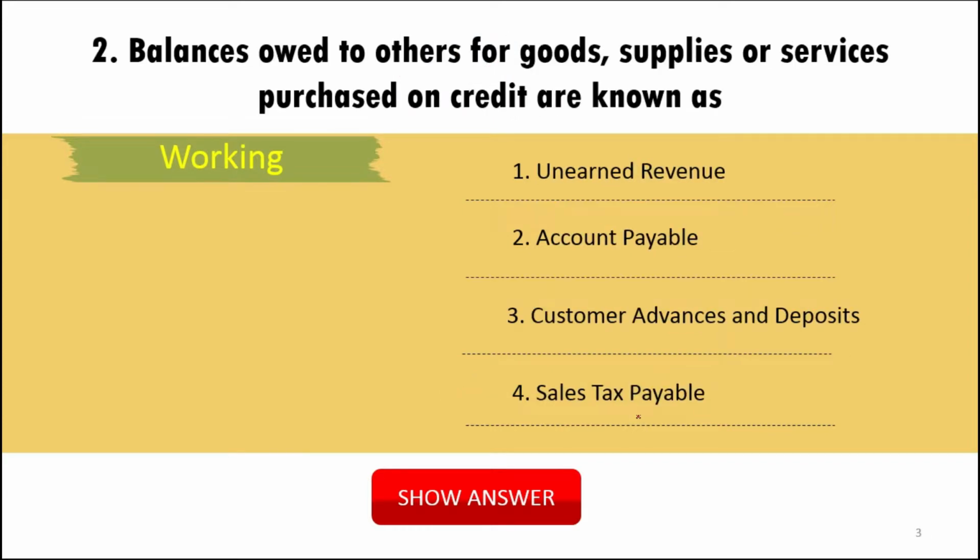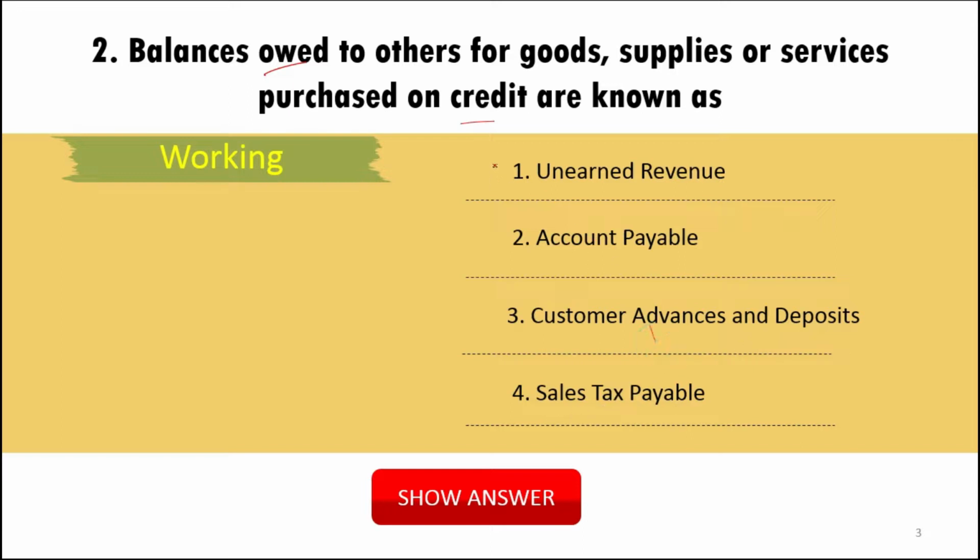The next question, number 2: balances owed to others for goods, supplies or services purchased on credit are known as. Whenever the purchaser owes to others for goods, supplies or services because of purchasing on credit, this amount is known as unearned revenue, account payable, customer advances and deposits, or sales tax payable.